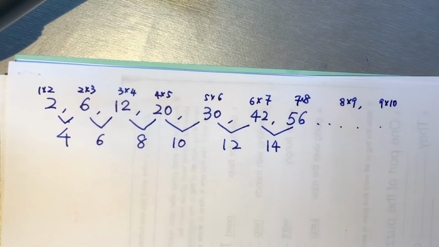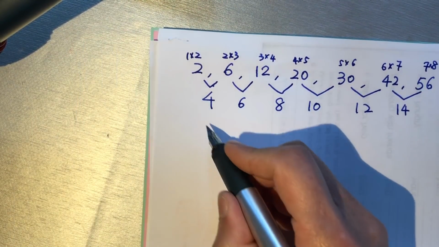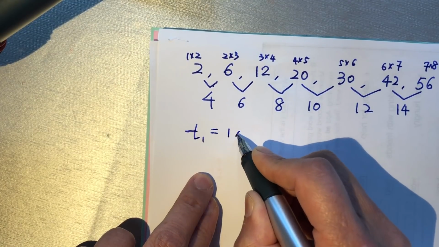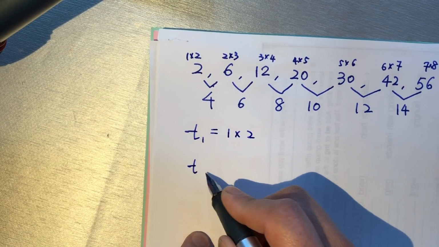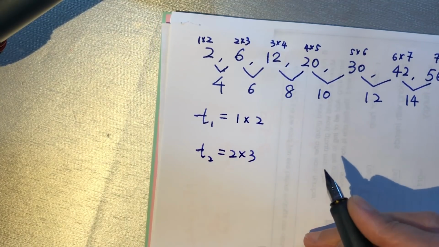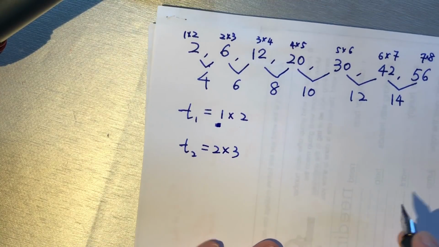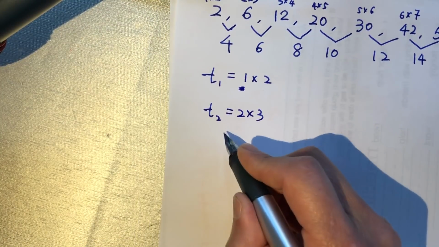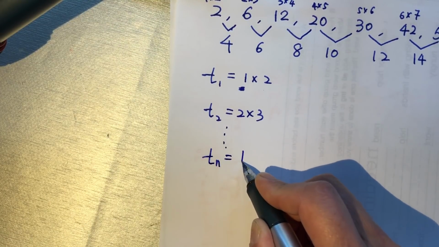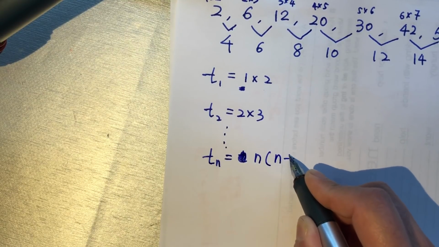With such a pattern, term 1 is 1 times 2, term 2 is 2 times 3. The first factor is the term number, and the second is 1 plus the term number. So we can conclude Tn equals n times n plus 1.